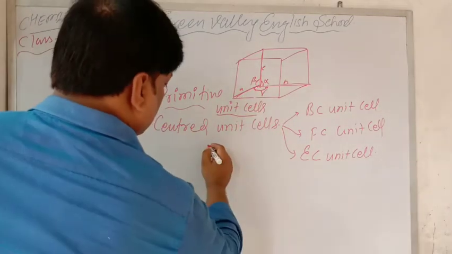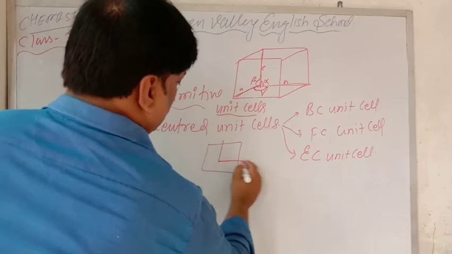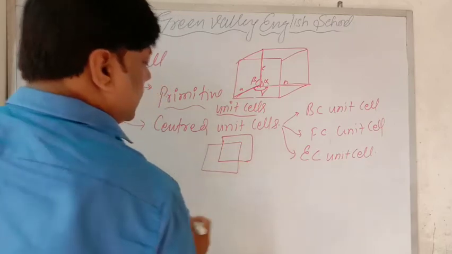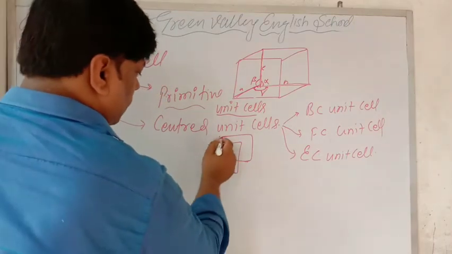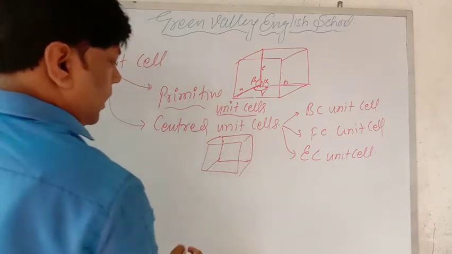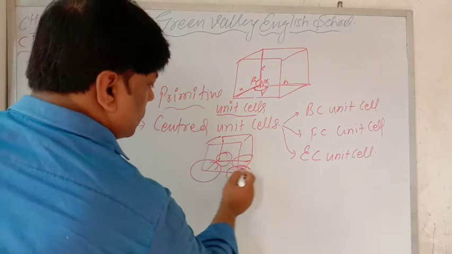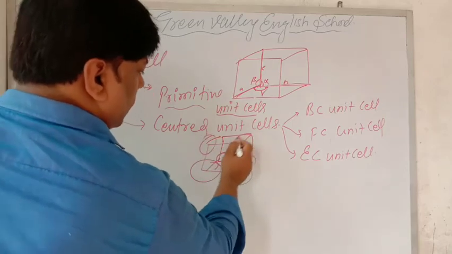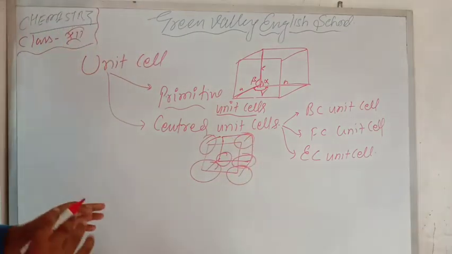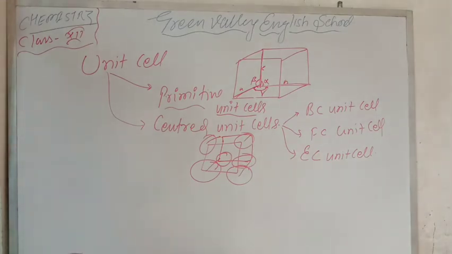Suppose this is our primitive unit cell, then atoms are present only at the corners of that unit cell.